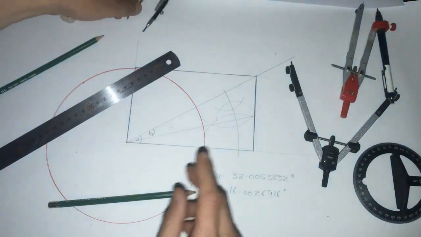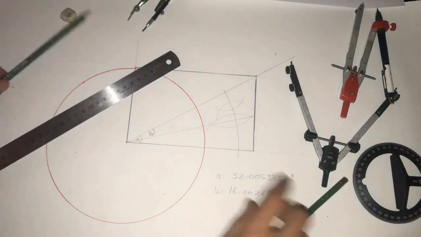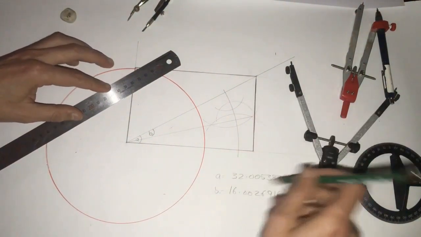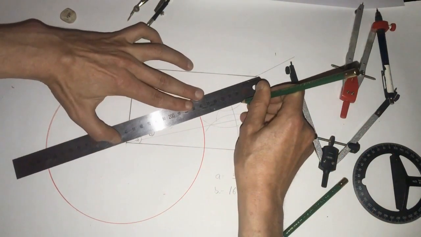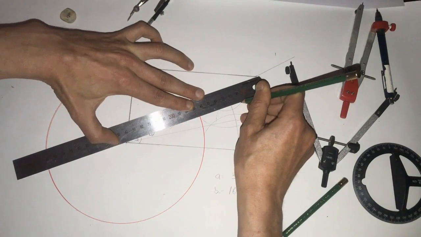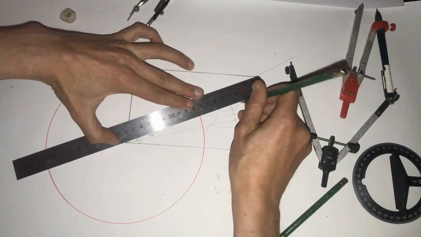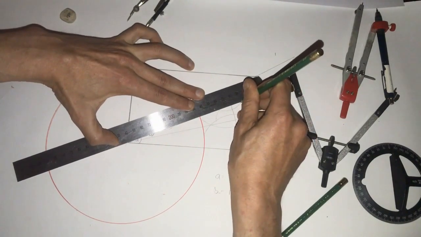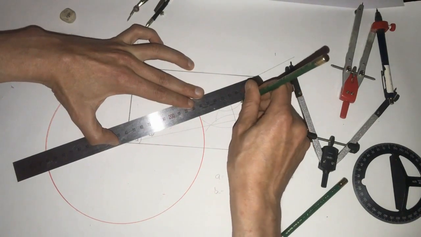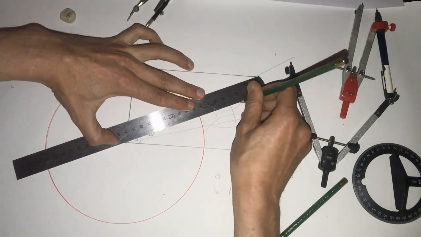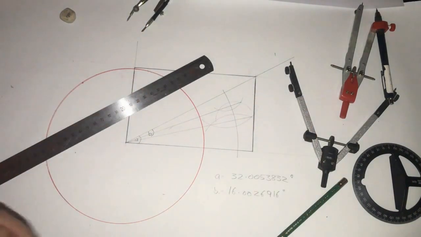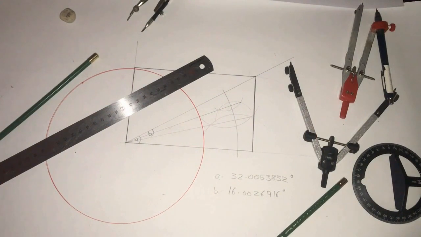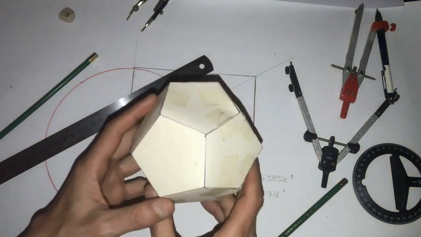Now, technically speaking, the nonagon is impossible to draw perfectly with compass and straight edge. But again, as far as I know, it's the most accurate one, and I got inspired to find this by studying the pyramids in ancient architecture. Now this would also relate to the dodecahedron, so 32 degrees. I have a dodecahedron here.